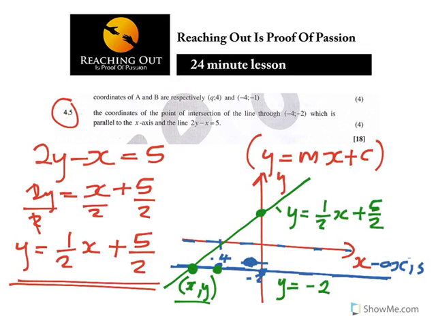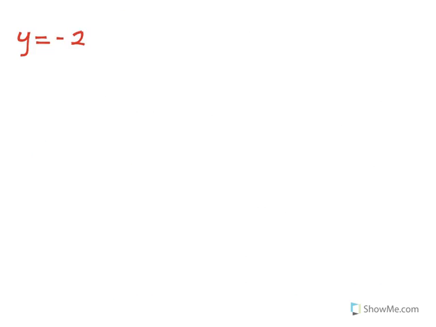So now, pulling this together, what do you have? You have got y is equal to -2 from the first equation. Where did I get that? From the coordinates. Remember, it's -4, -2. So the line cuts the y-axis at -2, that is y is equal to -2, as well as the other equation that we did, y is equal to half x plus 5 over 2.